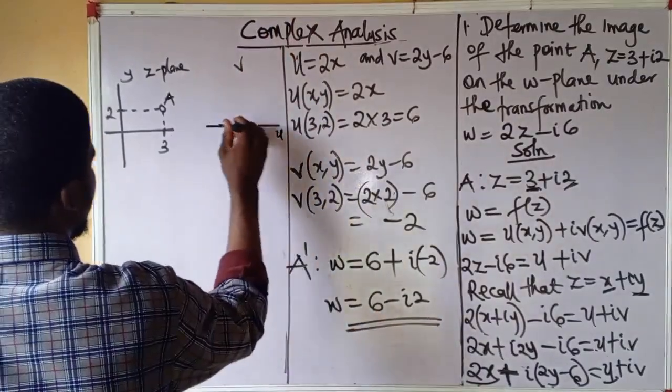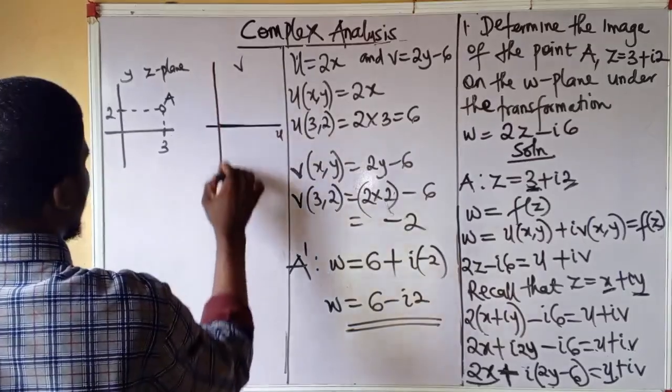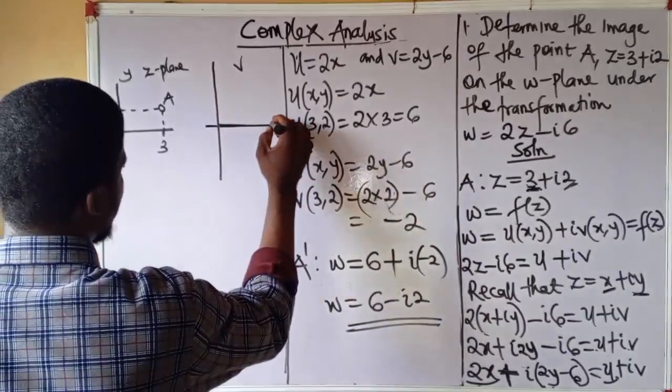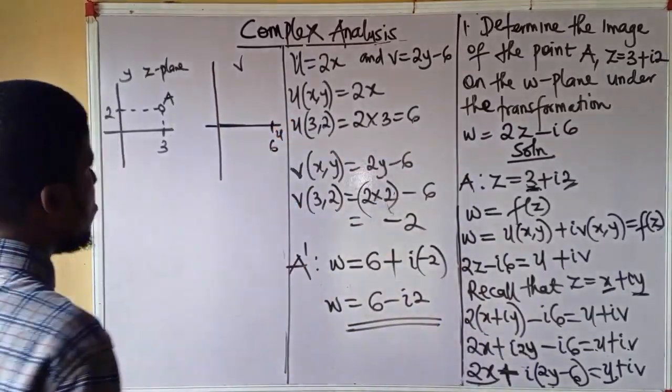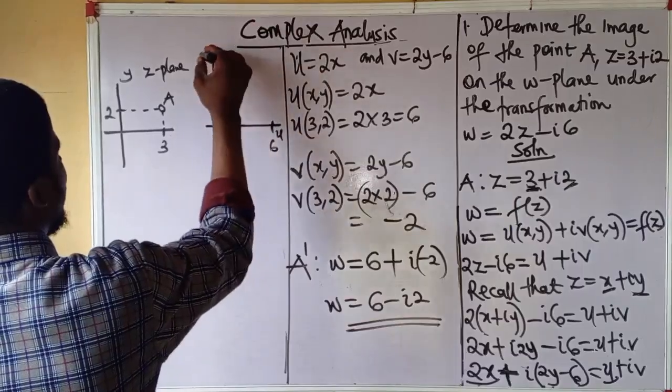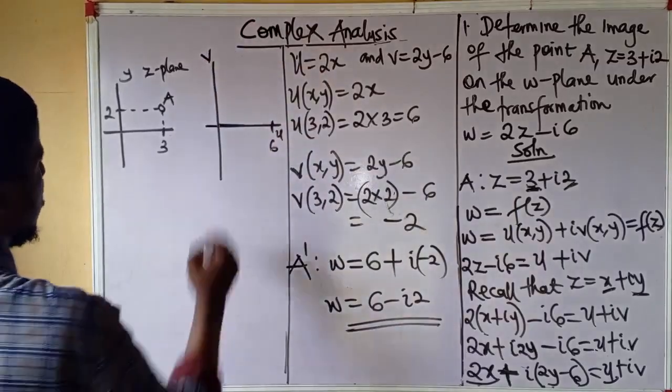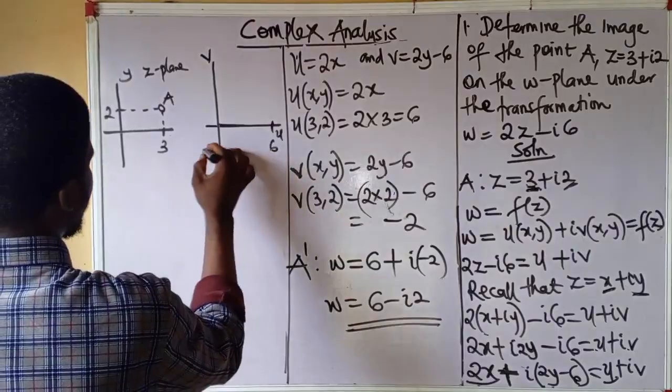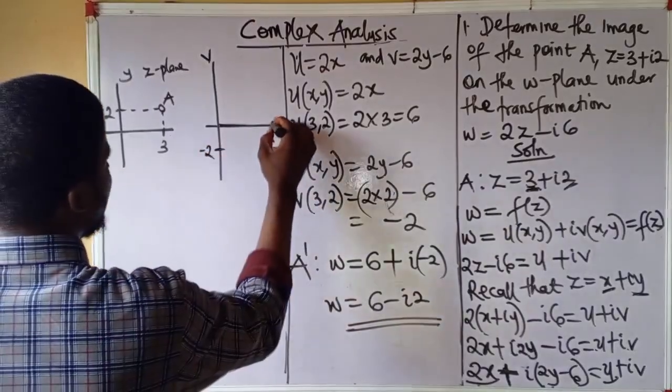Let's rearrange it. Let's say this is our 6. This is where 6 is. The minus 2 will be at the negative v, or the negative imaginary axis. Minus 2 is here. So let's plot it.